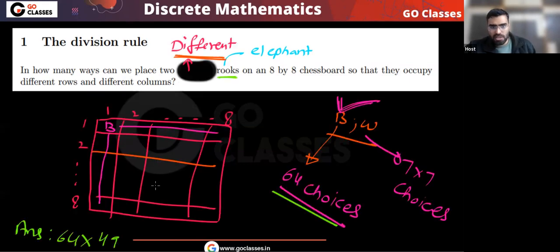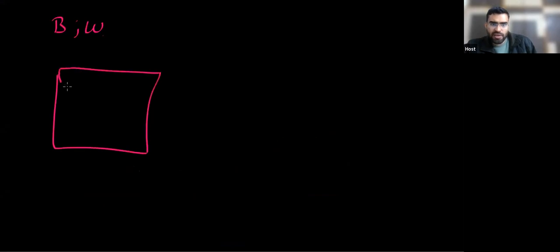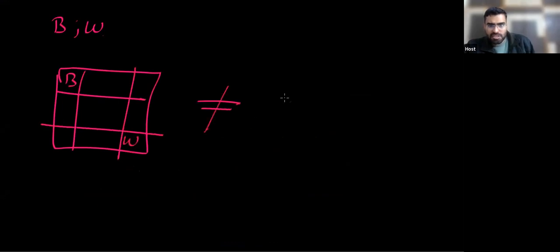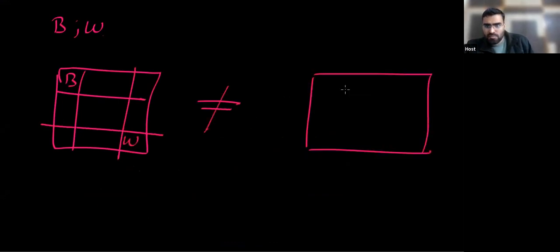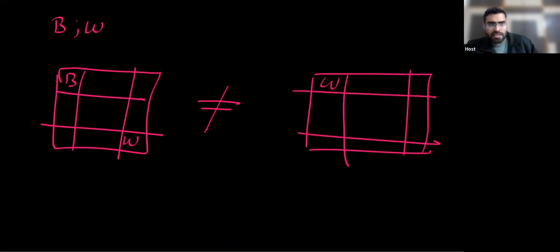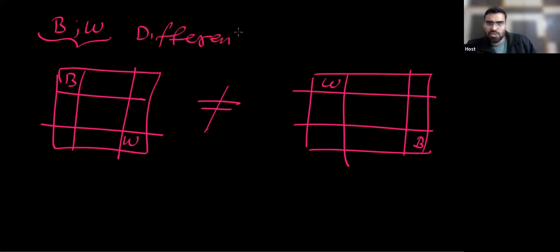When you have different rooks, black and white, these two situations are different. For example, you have black here and white here, and this situation is different from white here and black there, because the rooks are different.